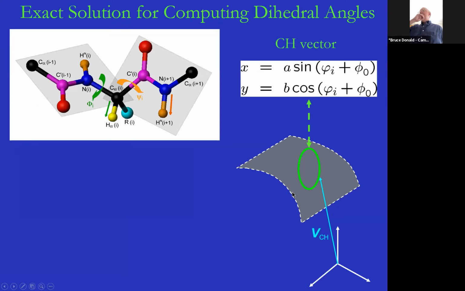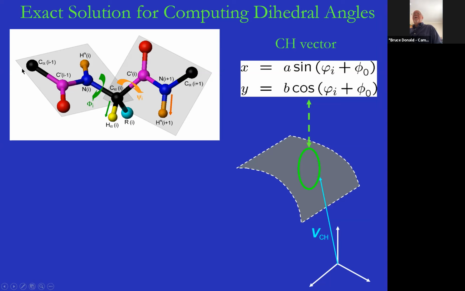The key thing can be thought of as follows. Imagine I do this by induction. Imagine I've built the peptide structure from the left, and in particular, I know this peptide plane and the atoms in it. What I'm imagining is that I then measure this CH RDC and use that to continue the chain.